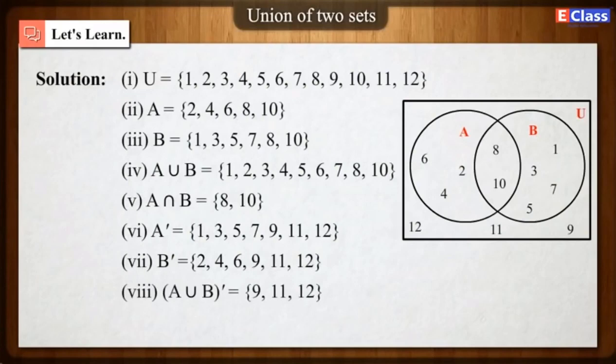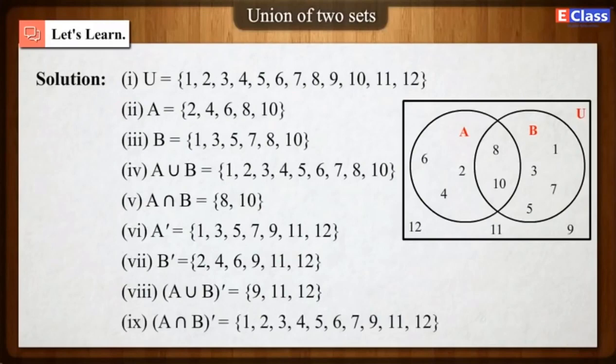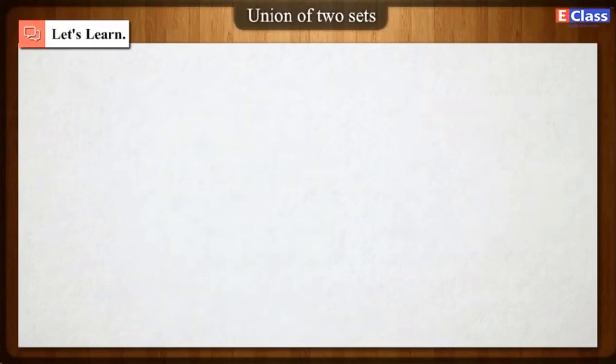Complement of set A union B is equal to {9, 11, 12}. 9. Complement of set A intersection B is equal to {1, 2, 3, 4, 5, 6, 7, 9, 11, 12}.